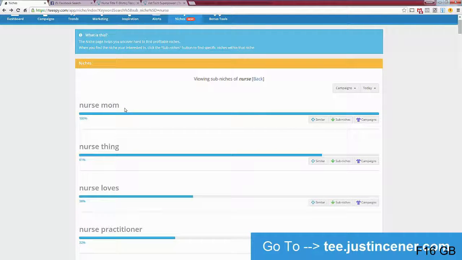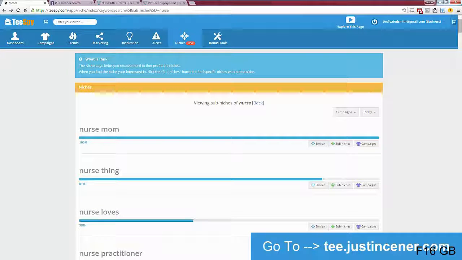And then when you combine very specific shirts with very specific targeting, so nurse moms, that often creates a situation where these people haven't seen a lot of shirts that are targeted directly to them and then put directly in front of their face on Facebook. So it's kind of a really cool opportunity to get a really high converting shirt when you go down this route of being very specific.